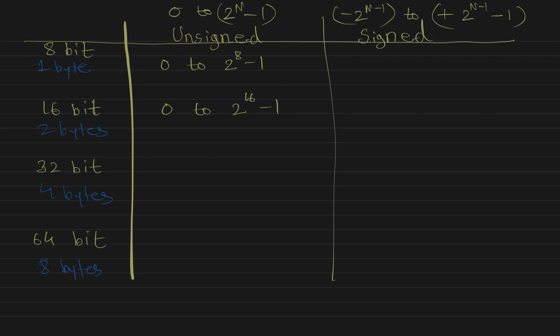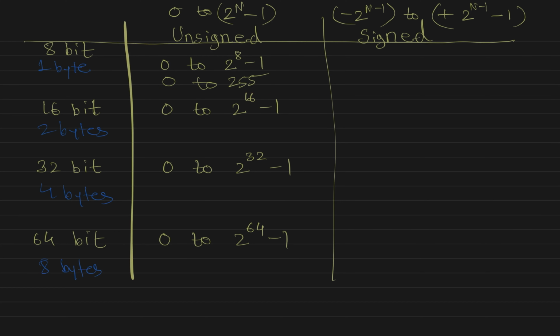Similarly for 32 bit, 0 to 2 raised to 32 minus 1, and for 64 bit, it would be 0 to 2 raised to 64 minus 1. So whatever values of 2 raised to 8, 16, 32 and 64, if you substitute that, you would get the ranges. Like typically 2 raised to 8 is 256, so 0 to 2 raised to 8 minus 1 would be 256 minus 1, which means 255. Okay, and that is why the unsigned characters are from range 0 to 255.